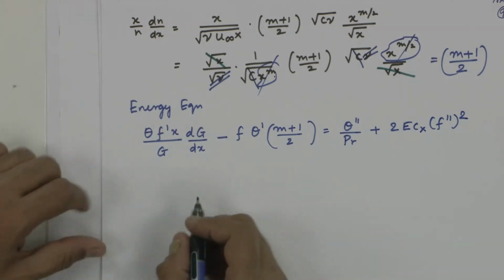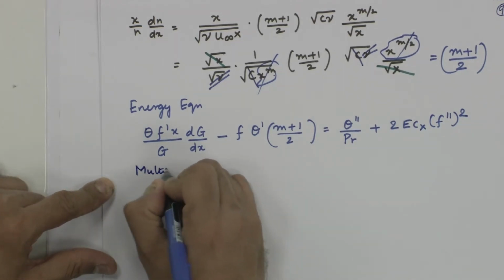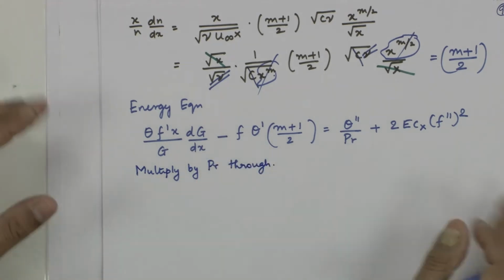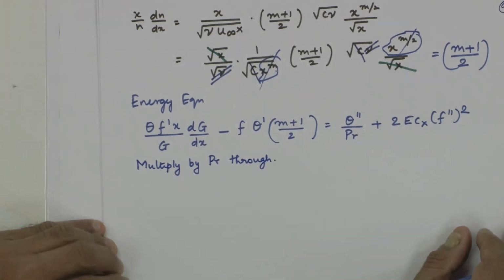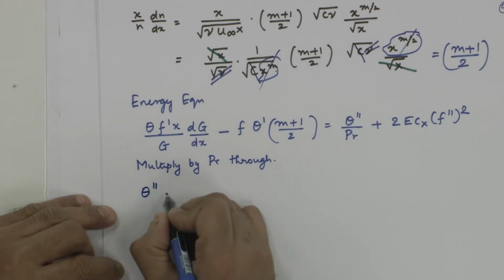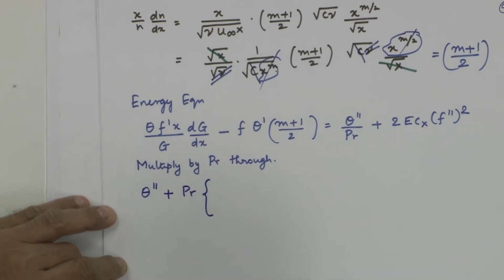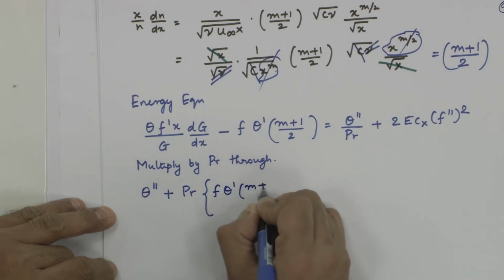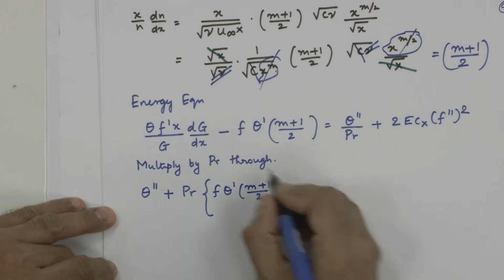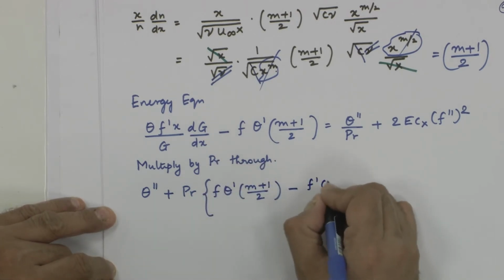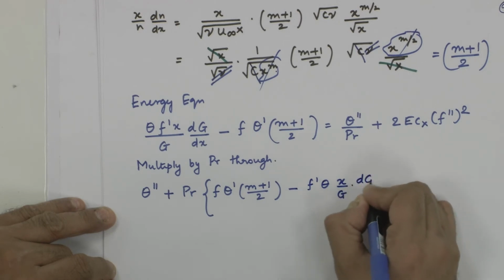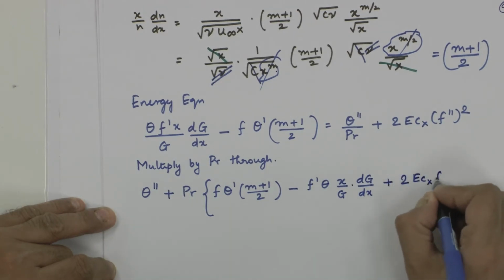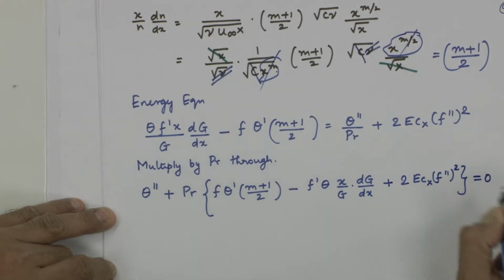And if I do this manipulation, multiply by Prandtl number throughout and group the terms a little bit, I would get theta double prime plus Prandtl number, and bring these two to this side, f theta prime m plus 1 by 2 just as it is, minus f prime theta x by g dg by dx, plus 2 local Eckert number f double prime whole square equal to 0.